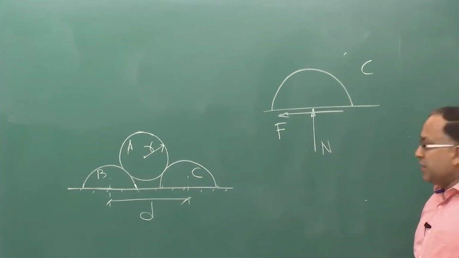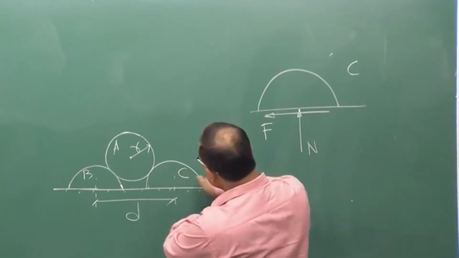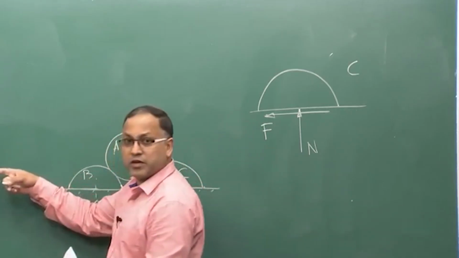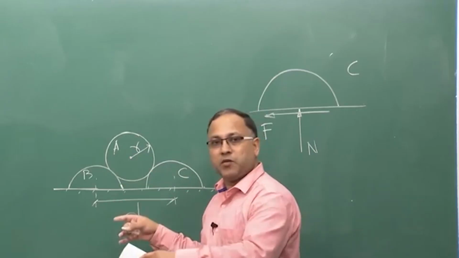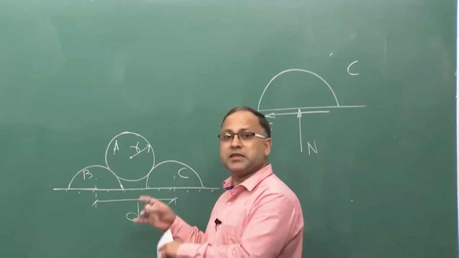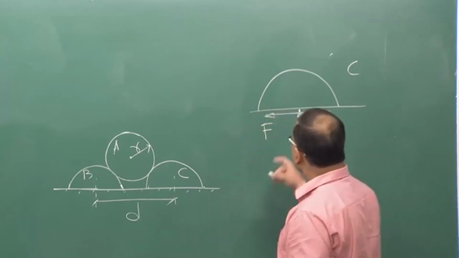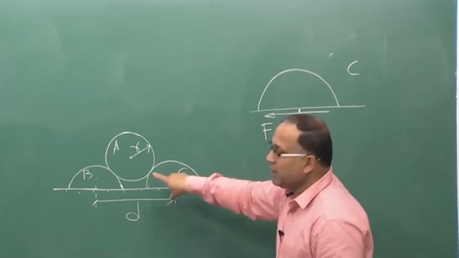And what will be happening? If this C cylinder is moving in the rightward direction and B is moving in the leftward direction, then basically A will be falling down. So, this kind of movement is actually possible in this configuration, right. So, this C cylinder will try to move from left to right.